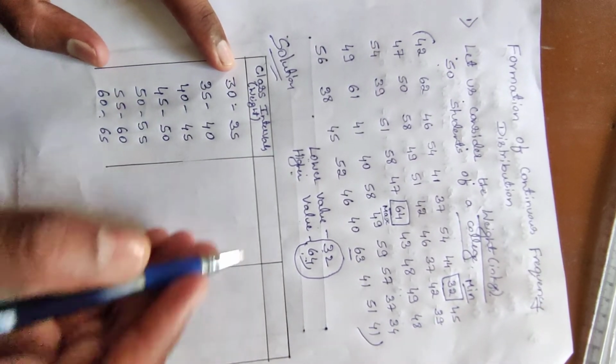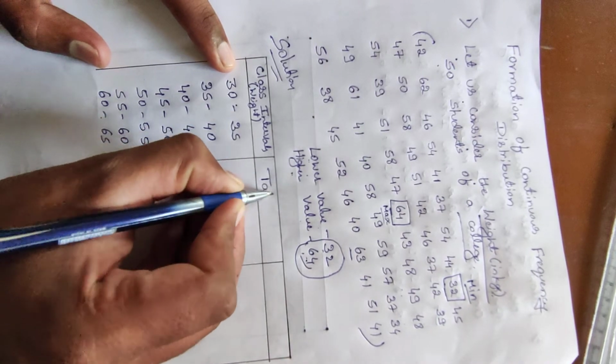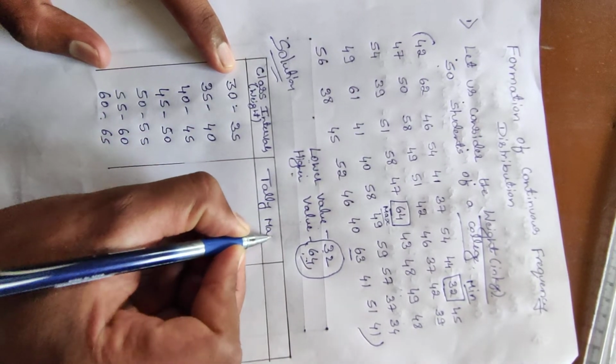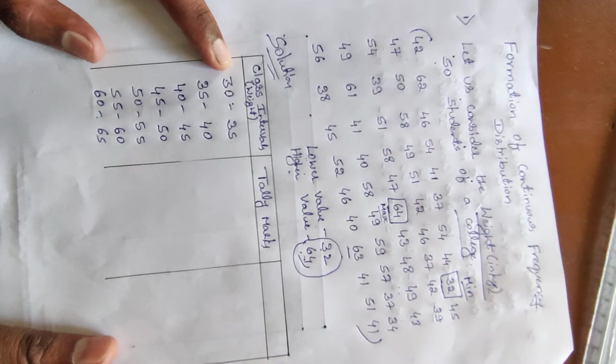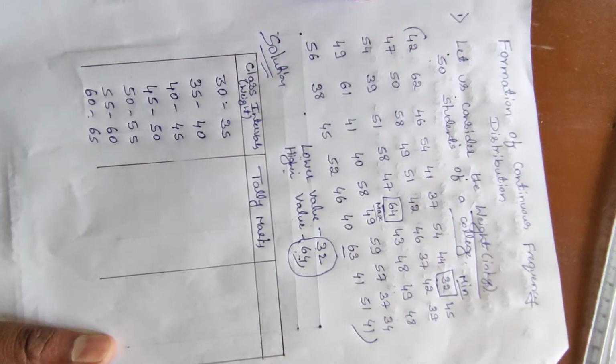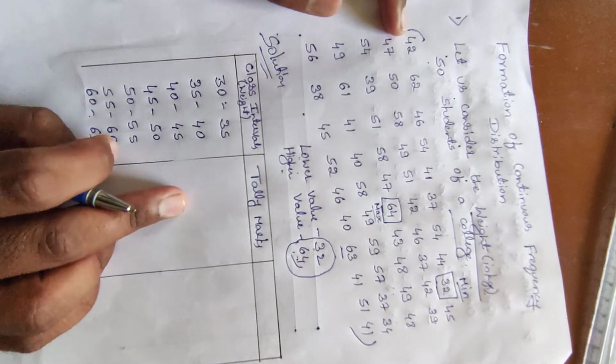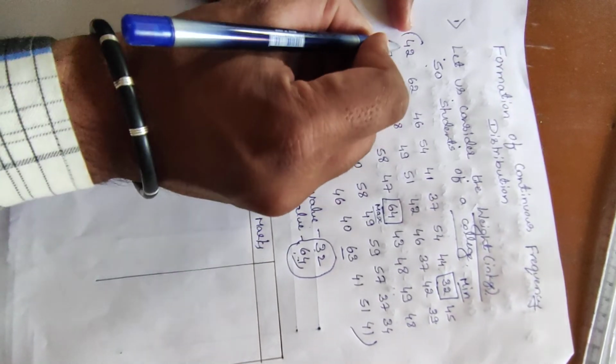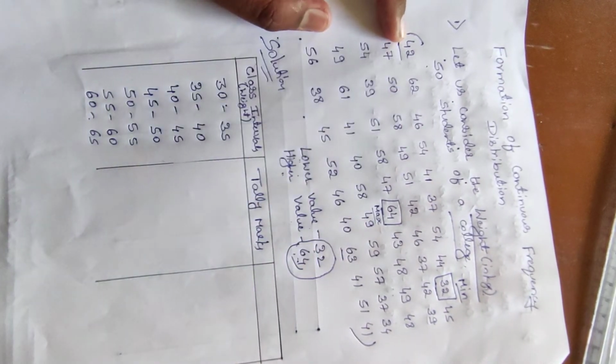Next we should identify the tally marks. Based on the given information, we have to identify the tally marks. The first one is 42.